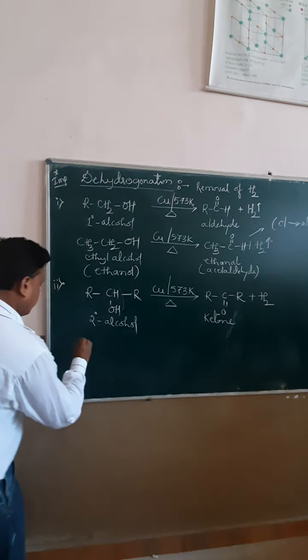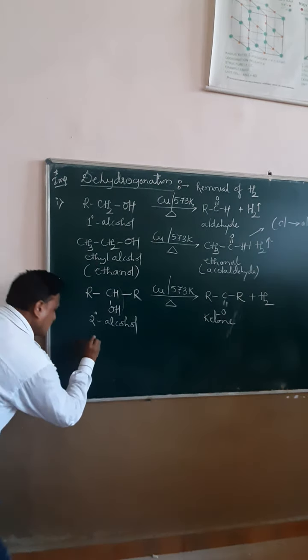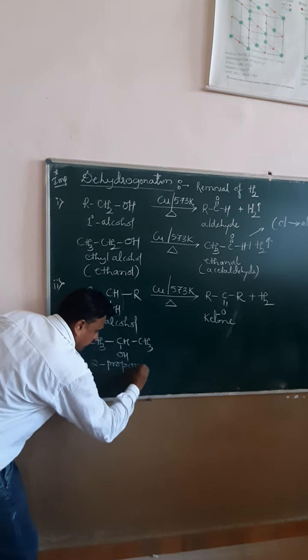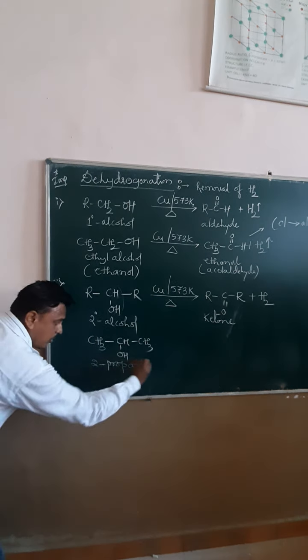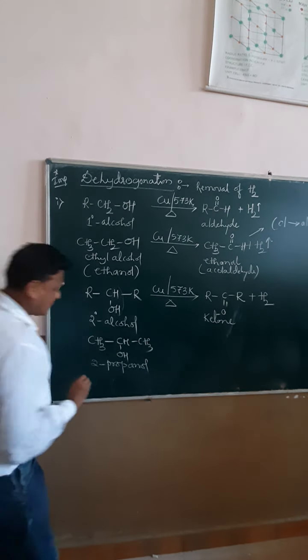Consider an example, CH3-CH(OH)-CH3. This is 2-propanol, and its common name is isopropyl alcohol.